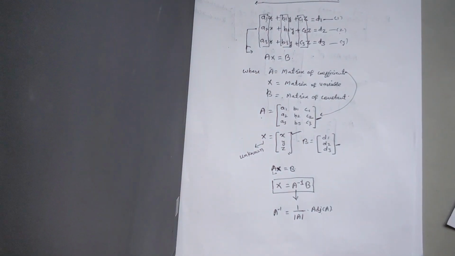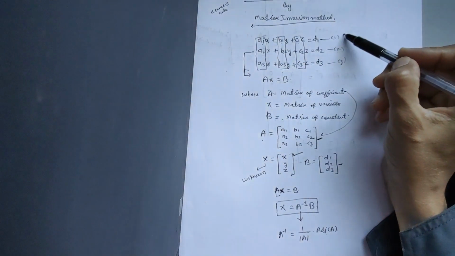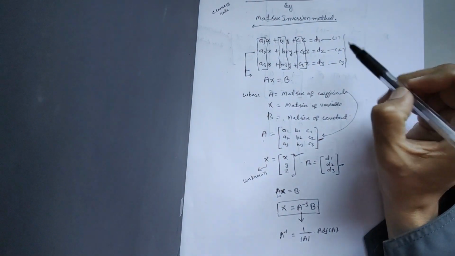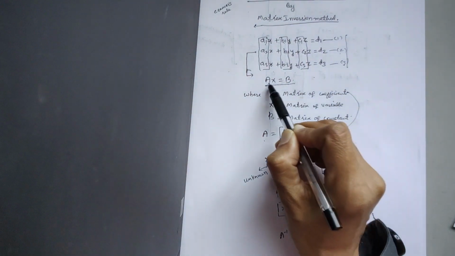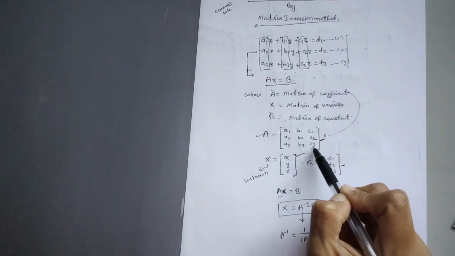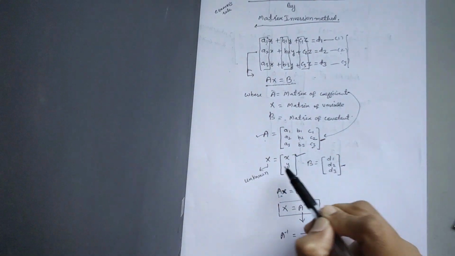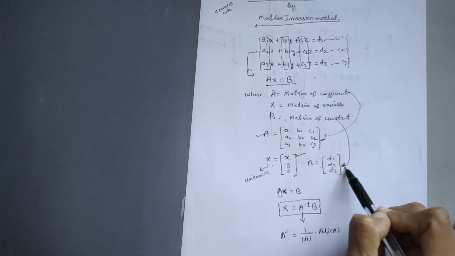So don't worry, it's a lengthy procedure, but it's very simple. What you need to do, first of all, is write down the equations in standard form, writing down all the missing unknowns, then convert the equations into the form AX equal to B. Find the matrix A, which is nothing but the matrix of coefficients, and B is the matrix of constants.